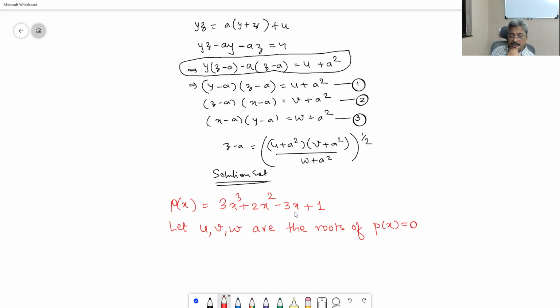If p of x is this, you know a lot about the roots, except you do not know u and v and w individually. Do you agree with me? You know everything except the values of them. Everything means the sum of the roots, product of the roots, two at a time, summation, etc. Everything you know.